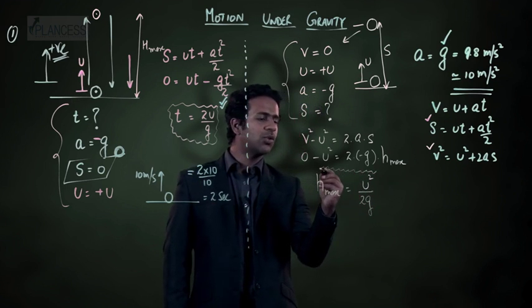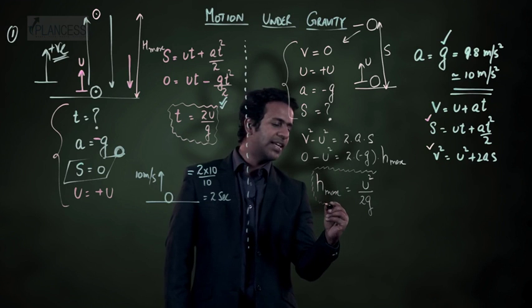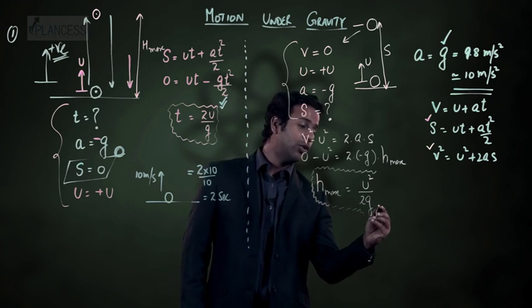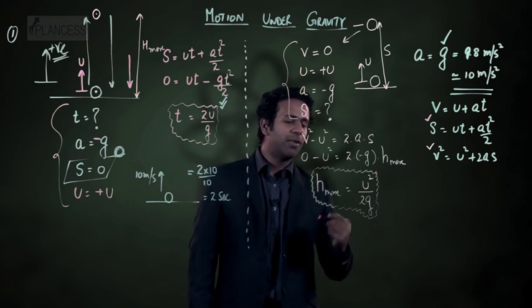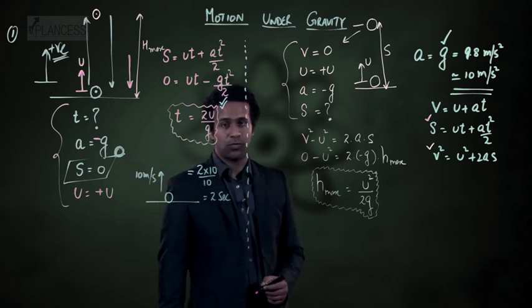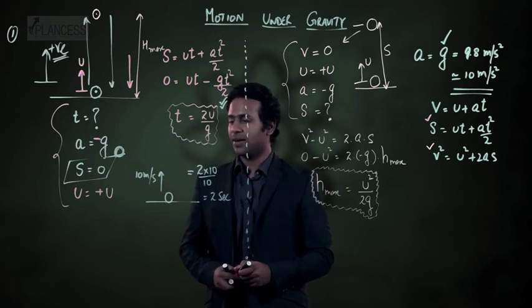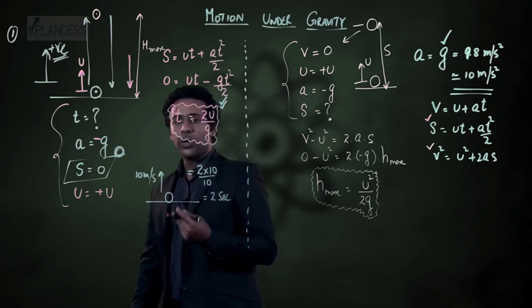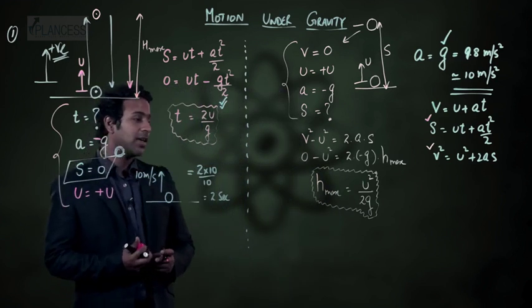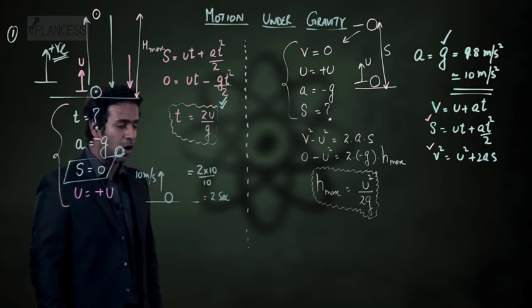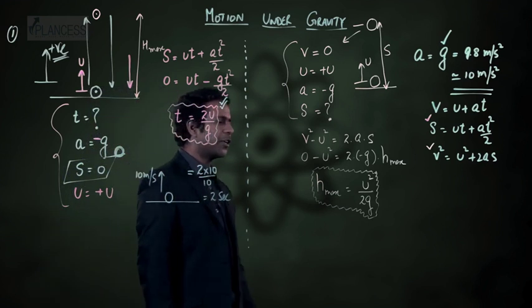So this u square by 2g basically gives you the height to which the ball will rise before it finally starts to fall. Right. So let's look at our previous example again. If this was the case, what do you think would be the maximum height attained by this ball? We can simply substitute values.